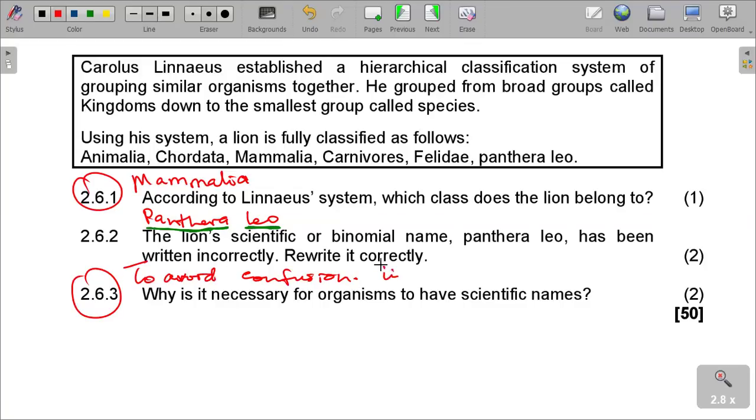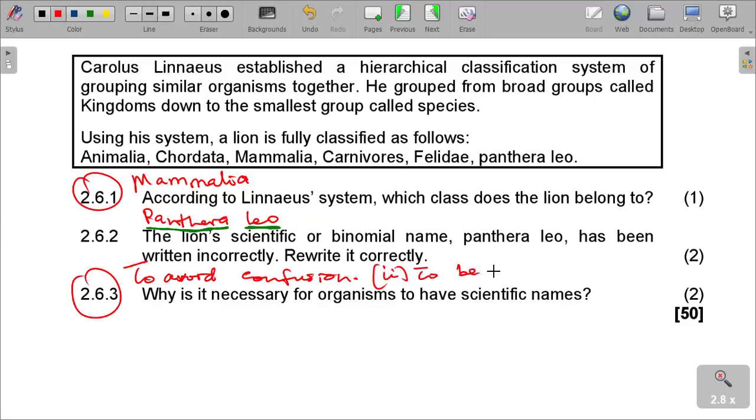And then we can as well say that they should have names so that people can be accurate, as common names vary from place to place or region to region.